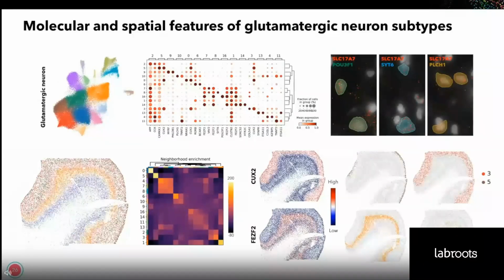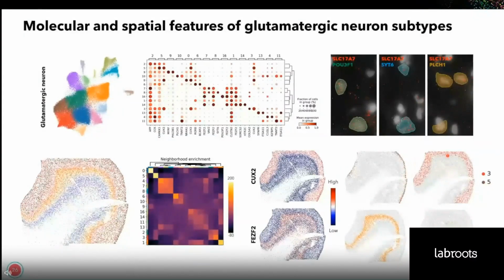Conventionally, people use some established markers to distinguish different cortical layers, such as CUX2, which is enriched in the superficial layer, and FEZF2, which is enriched in the deep cortical layer. Here we see high consistency between that previous knowledge and our MERFISH data. For example, both class 3 and class 5 highly express the CUX2 gene, and they are located in the superficial layer.